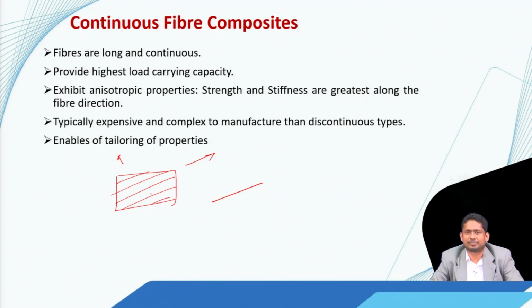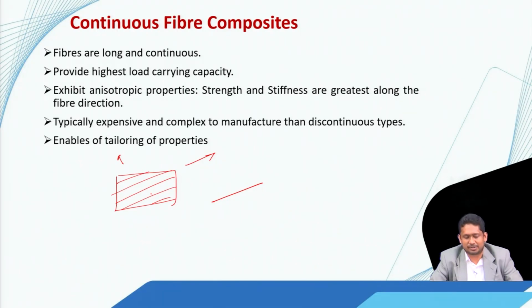So the properties become direction dependent, and that is a challenge for analysis but better for design, especially when we have diverse strength requirements in diverse directions, and also when we have other kinds of requirements like shape adaptivity.